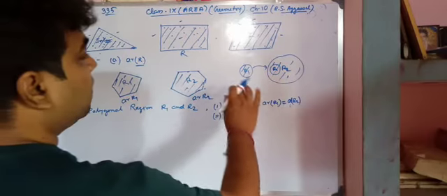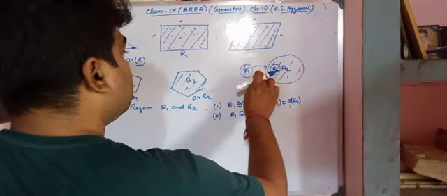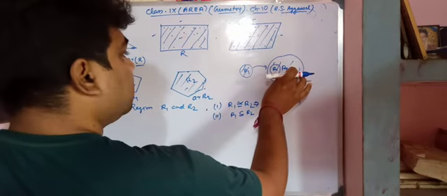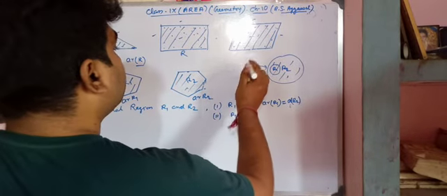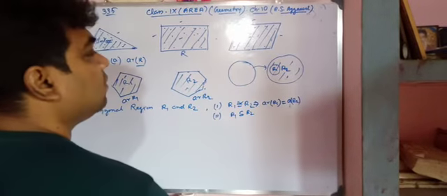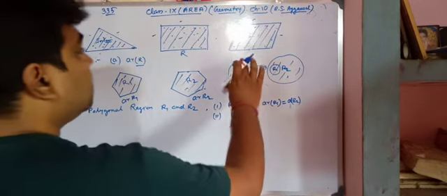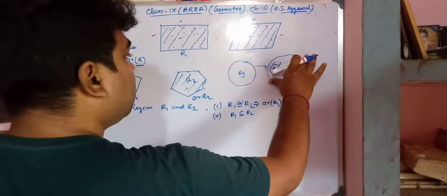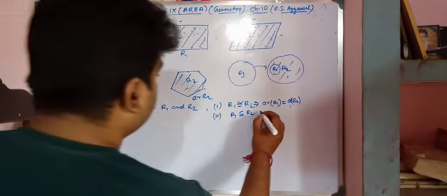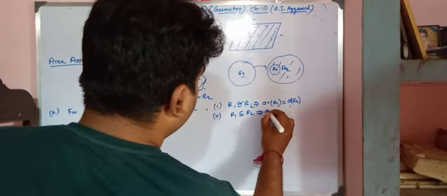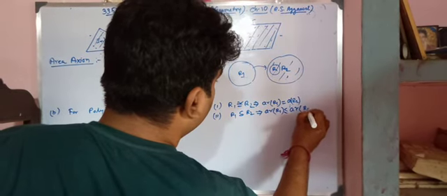This region should lie inside that one; it may be equal to that region or smaller, both the same is also possible, but it should not be bigger. So this implies area of R1 is less than or equal to area of R2.